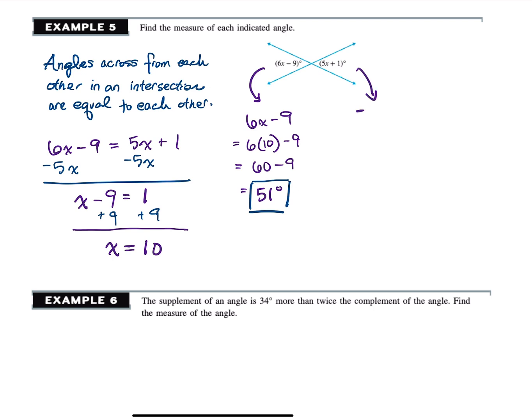Here we have 5 times x plus 1. And we're saying x is 10. So 5 times 10 plus 1. 5 times 10 is 50. So 50 plus 1 equals 51, which is what we got on the left side, so that's good. So for this kind of question, take advantage of this fact that angles across from each other on an intersection are equal to each other. So just set them equal and then solve for the variable.